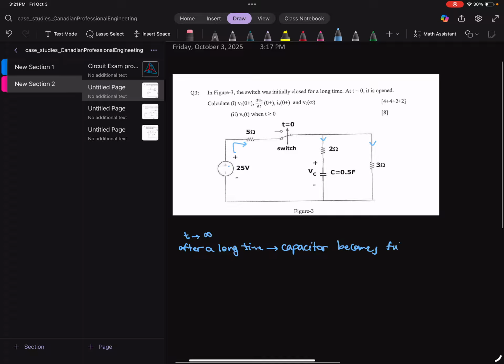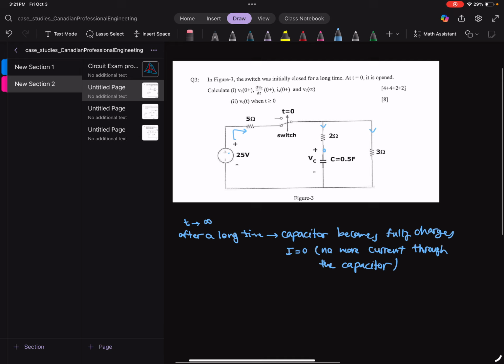When that happens, it holds a voltage across its plates, and there is no more current going through the capacitor. That forces that branch to become like an open circuit, right? Because when this becomes open, this branch disappears, basically.